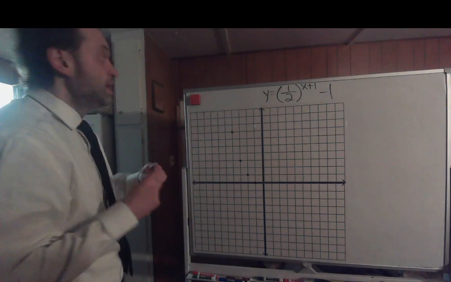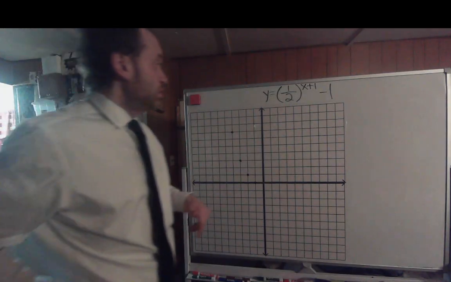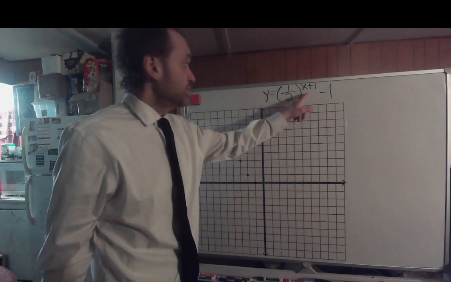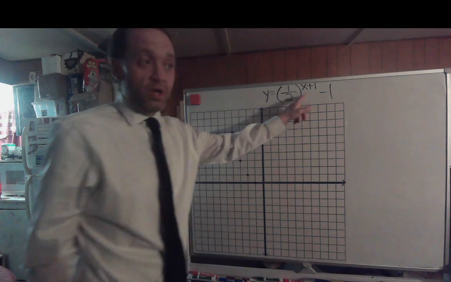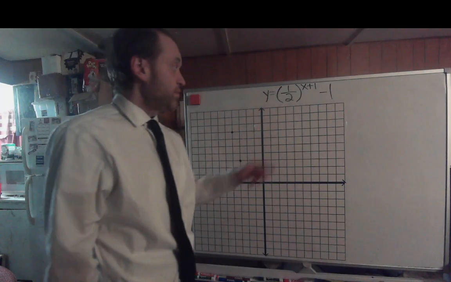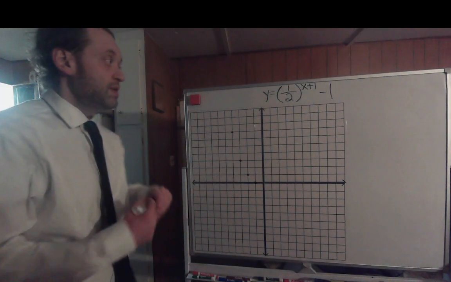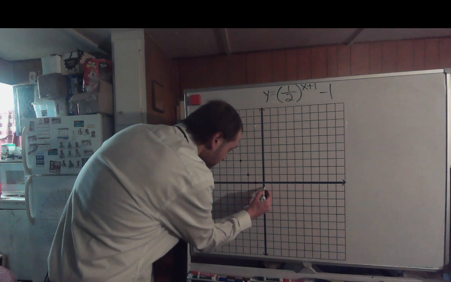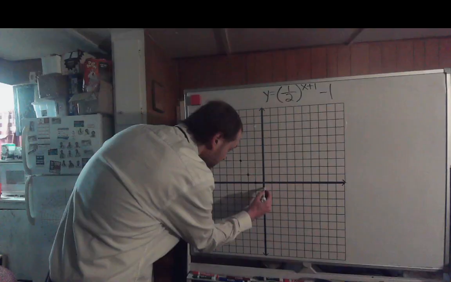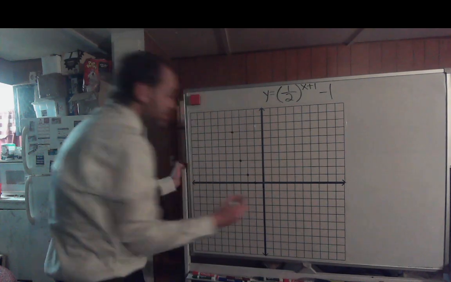Okay, let's go the opposite way now. What about when x equals 0? That's the same as 1/2 to the first, which is 1/2. Well, what's 1/2 minus 1? That's -1/2. So you would end up being at 0, -1/2. All right.